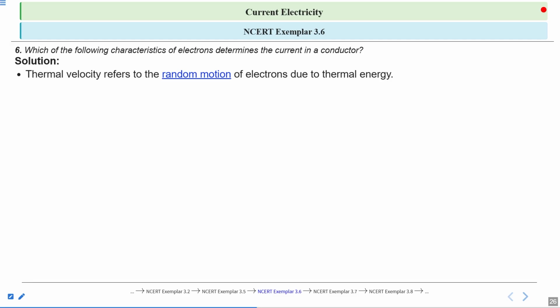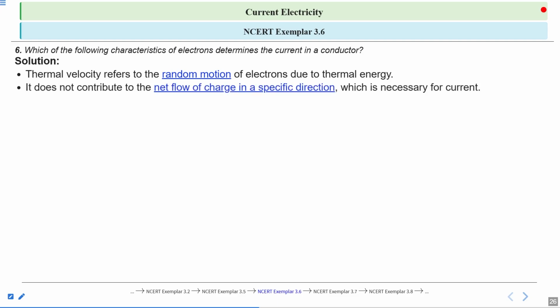So thermal velocity refers to the random motion of electrons due to thermal energy. When there is no electric field, due to their thermal energy, electrons move randomly. It does not contribute to the net flow of charges in a specific direction.